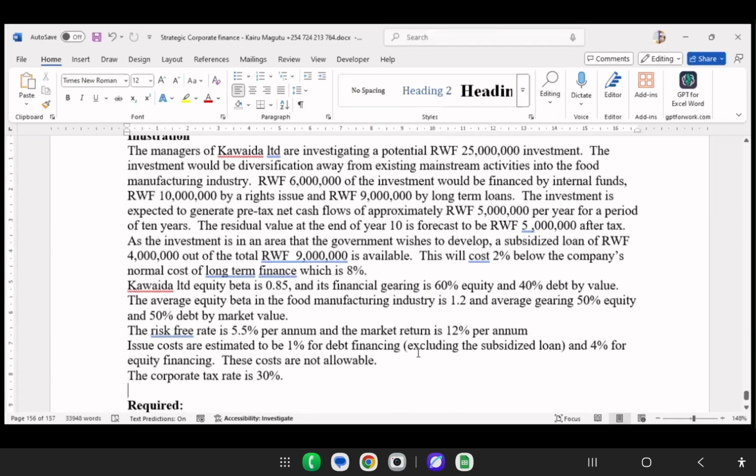Let's look at this question. Can you read through the question? It is on the display, please. Please read so that we can solve it together. Just read for 1 minute.